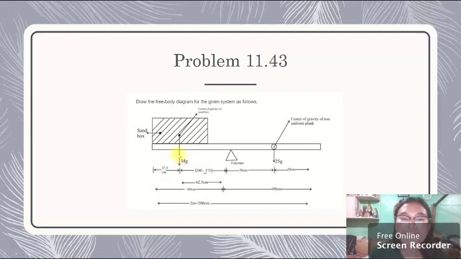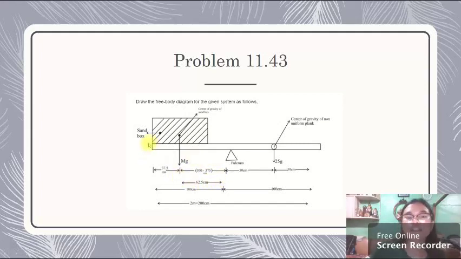So to get the length of this point up to this point in the fulcrum, since we already know that this point up to this point has a length of 100 centimeters, we're going to subtract 37.5 from 100. So we're going to get 62.5 centimeters.